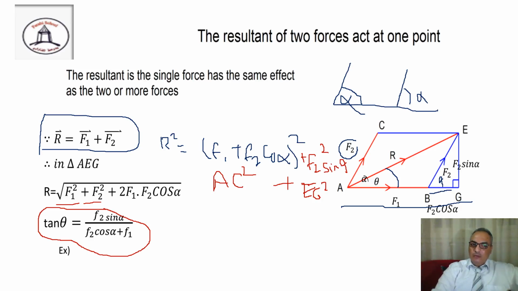Tan theta equals F2 sine alpha over F2 cosine alpha plus F1, since tan is opposite over adjacent. So tan theta, in triangle AGE, equals opposite F2 sine alpha over AG, which is F1 plus F2 cosine alpha.